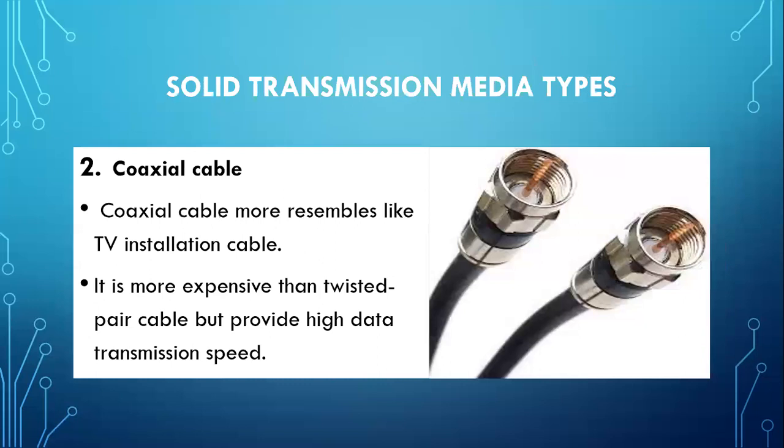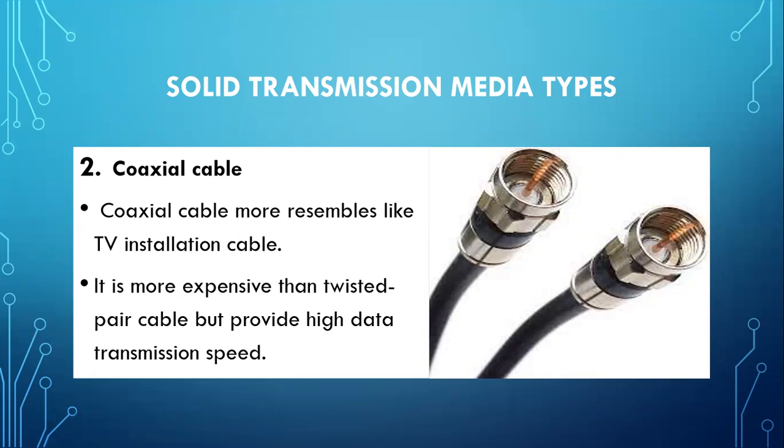Moving on, the second one is the coaxial cable. This coaxial cable resembles the TV installation cables. If you've seen the cables that are used for installation in TV, they look like this, which you see right here. So these are some of the cables that are also used in the transmission of the network.